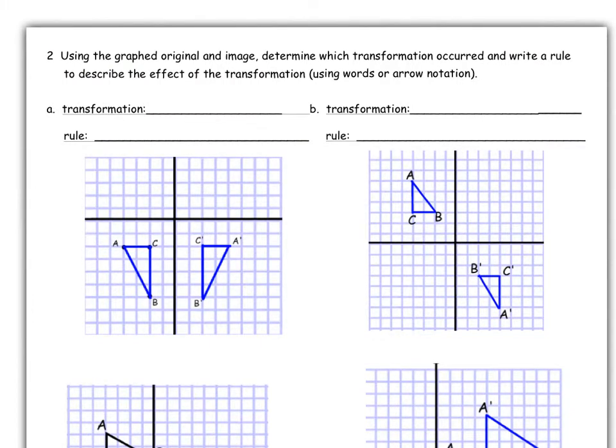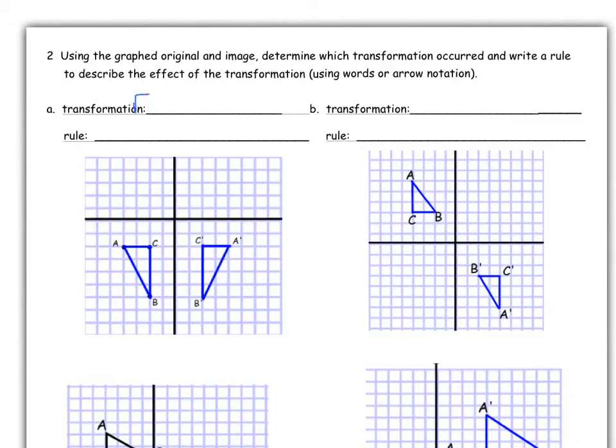Alright, for this next one, you can do this a couple different ways. Some of you can visually see. You can see, okay, C, let me get to the pointer. For this one, for example, C is the same distance away from the y-axis on one side as on the other side, and same with B and A. So some of you can see that is a reflection over the y-axis.